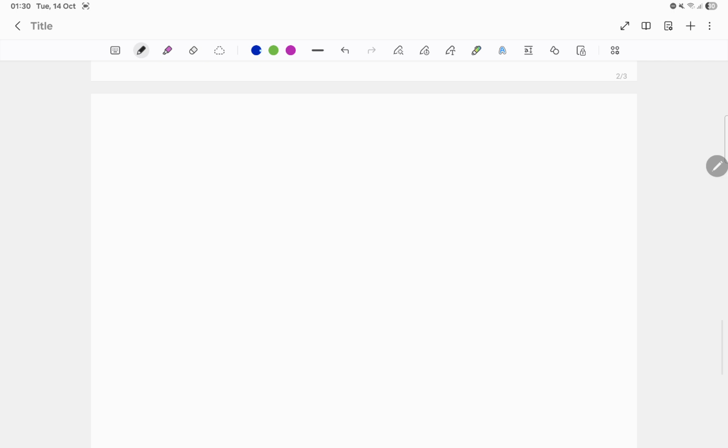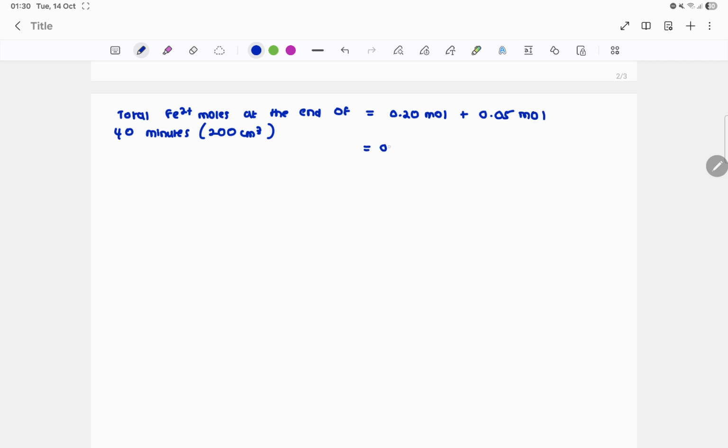Therefore, now we can find the total Fe2+ moles at the end of 40 minutes. In 200 cm3, it equals 0.20 mole plus 0.05 moles, which is 0.25 mole.